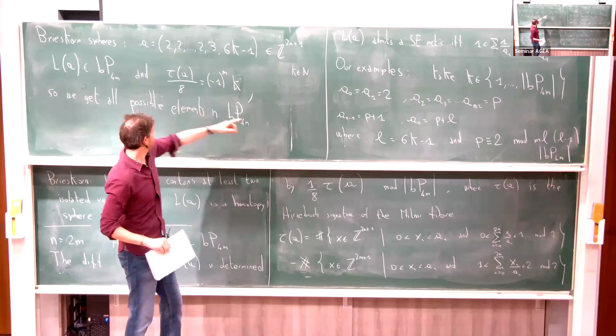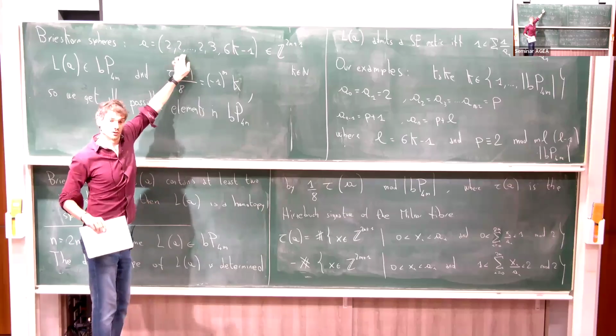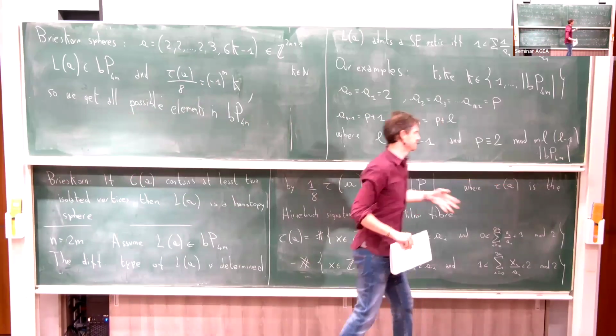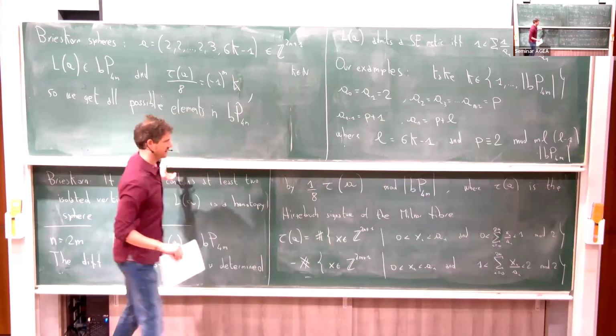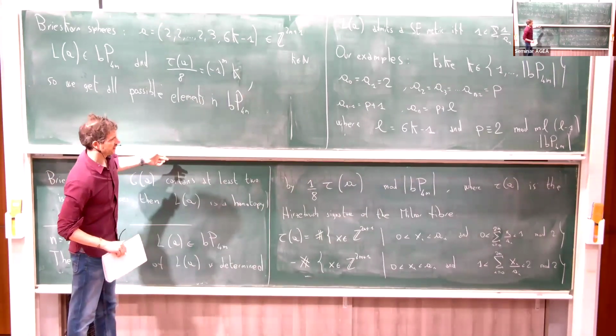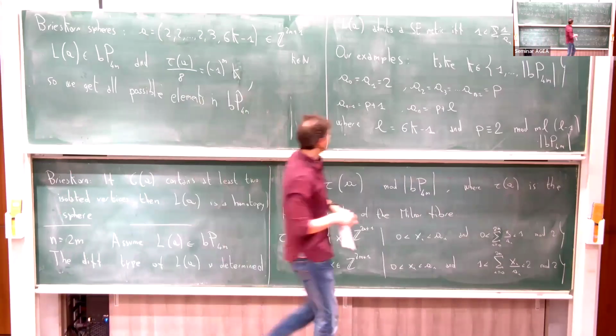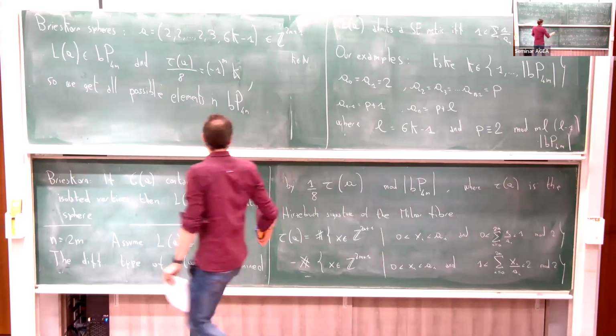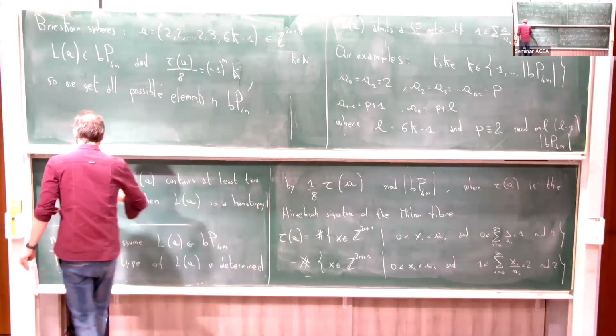So this p also corresponds essentially to these 2, but now is taken mod a lot of stuff. I don't think I will tell you much, but just the idea why. So these are our examples. You take the link with a equal to this, and let's see what we get.